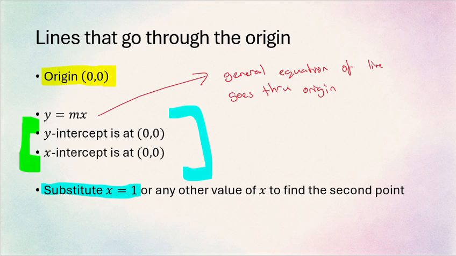What you're going to do instead to get the second point is to substitute x equals 1. You could choose any other x value, I don't care, but stick with x equals 1. It's the easiest one to work with. Once you substitute x equals 1, you will find the second coordinate point.